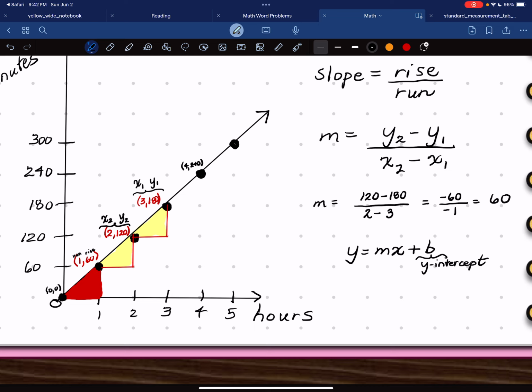And in our case, that's happening only at 0. So we'll put that in for our intercept. So y equals 60, that's our slope, x plus 0, or y equals 60x. And that happens to be the equation of this beautiful line right here. Y equals 60x.